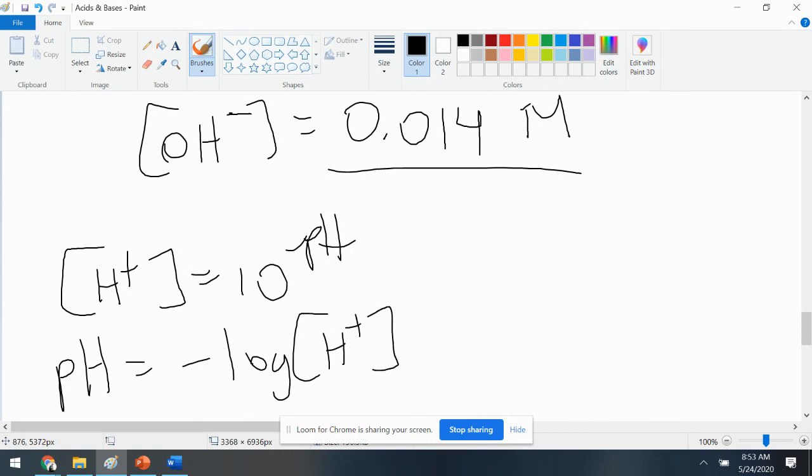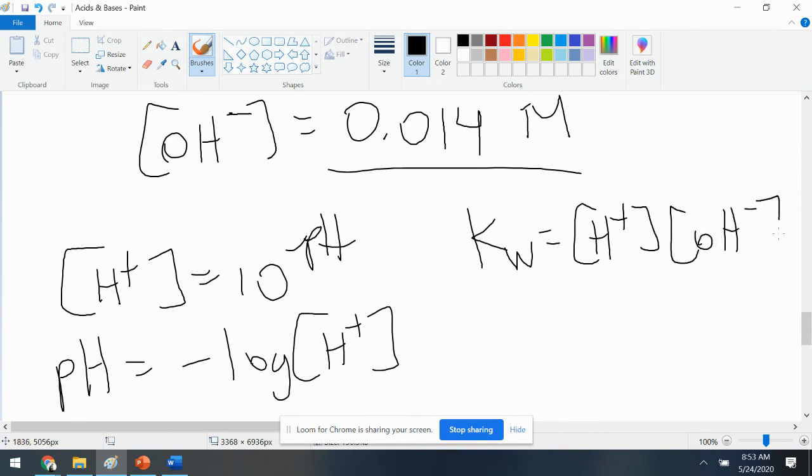Assuming it's at 25 degrees Celsius, room temperature, we can use the Kw constant to solve for either the H plus concentration or the OH concentration in a solution. And Kw, the experimental value, is 1.0 times 10 to the negative 14. It's never going to change unless it's not at 25 degrees Celsius.